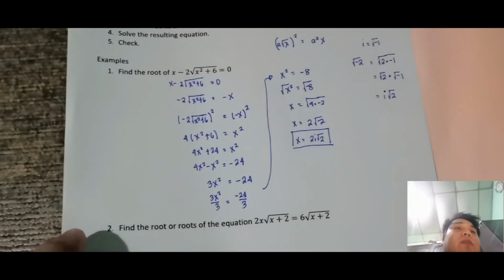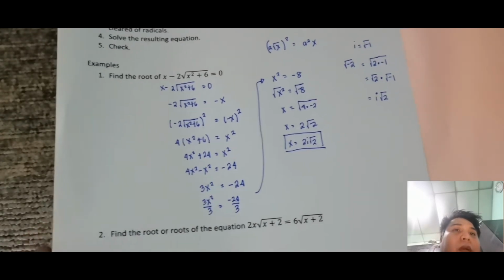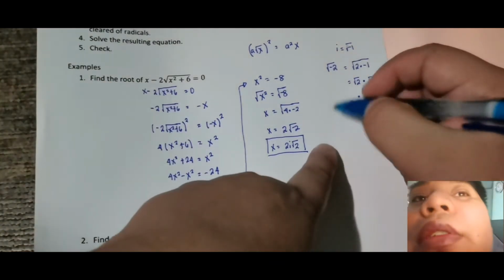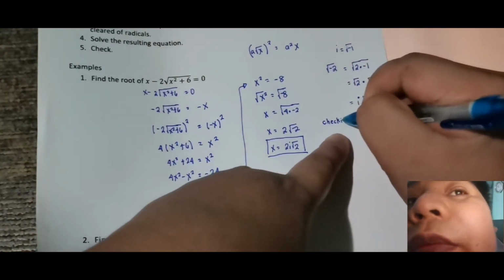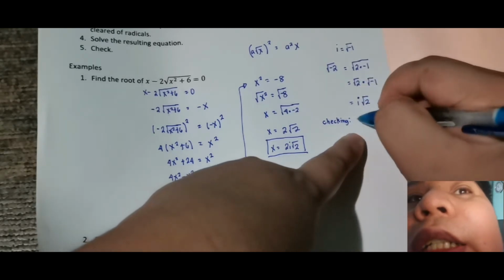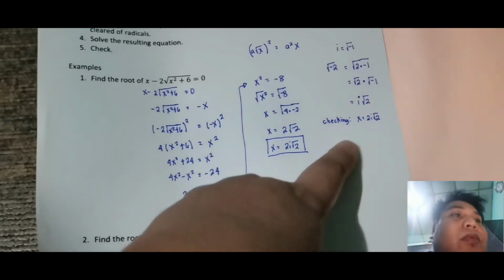Okay, so, sir, paano pag ganyan? Uulitin ko lang. Pag may negative na sa loob, that is the case na lalagyan natin ng i. So, check natin. Baka tama yung sagot natin. Okay, so, checking. Okay, x is equal to 2i square root of 2.